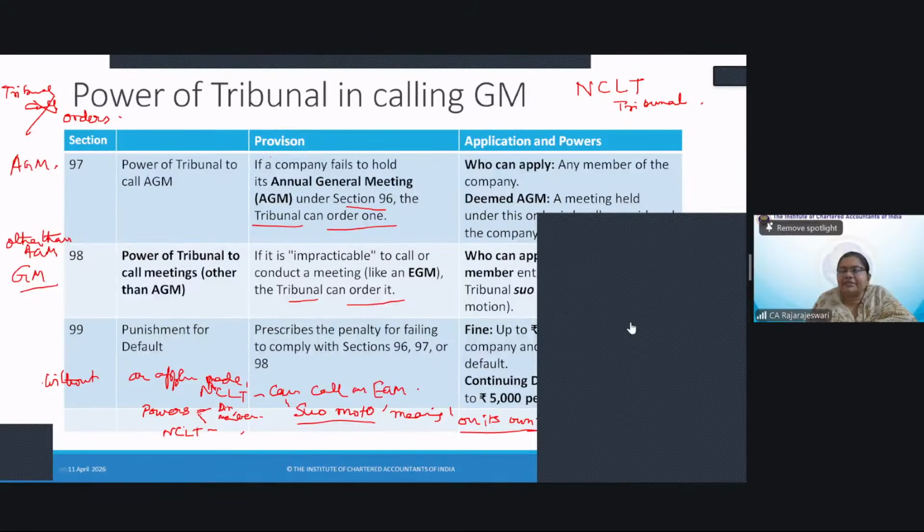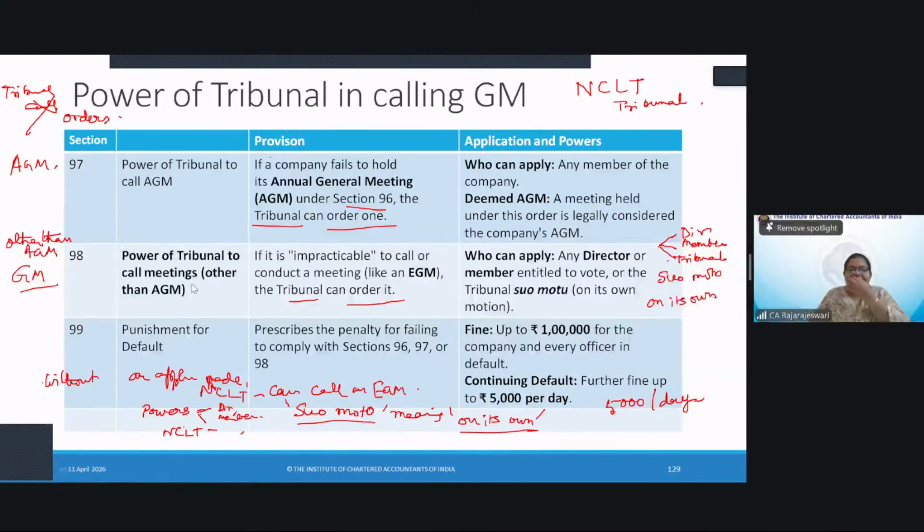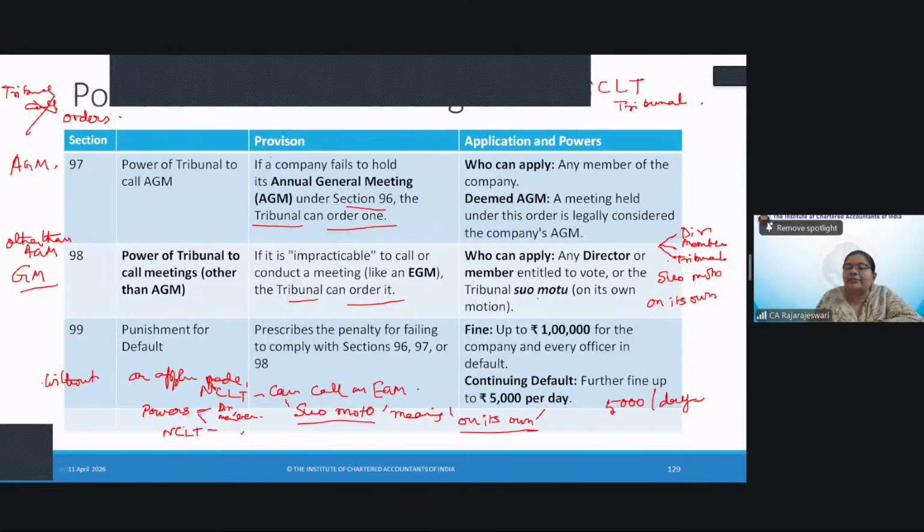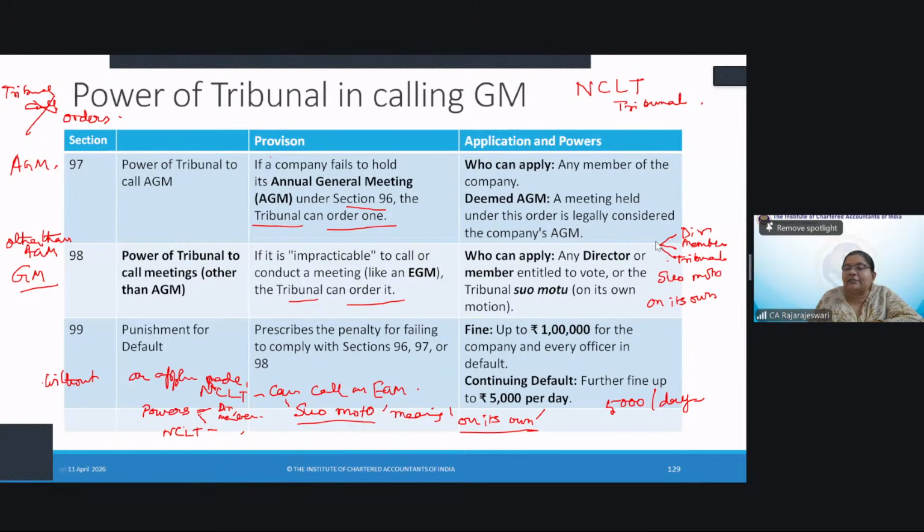Virashri and Kashish, you see here, a power of other than AGM. The second point is who can apply: any director or a member entitled to vote, or the tribunal suo motu on its own motion. So 3 points are covered here.